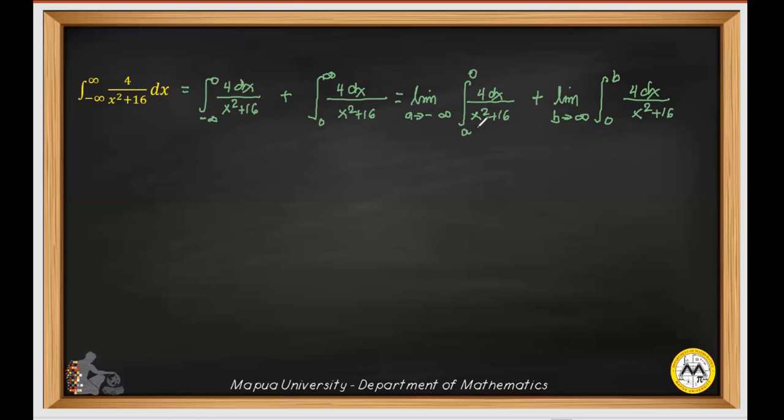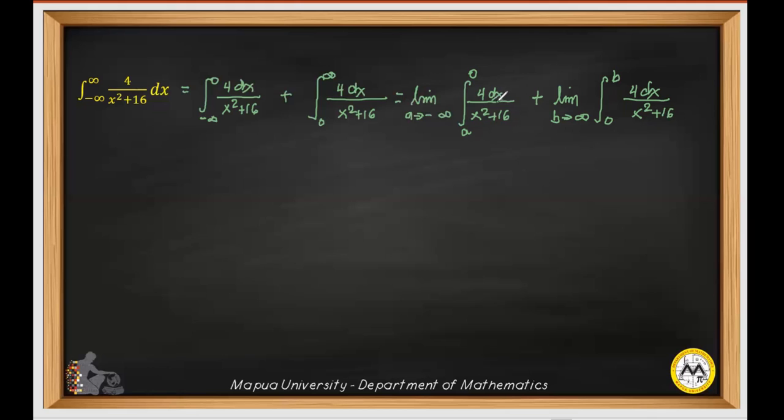Before evaluating the limit, we are going to evaluate the definite integrals: the integral of 4 dx over x squared plus 16 from a to 0, and the integral of 4 dx over x squared plus 16 from 0 to b. Both integrals lead to arctangent.